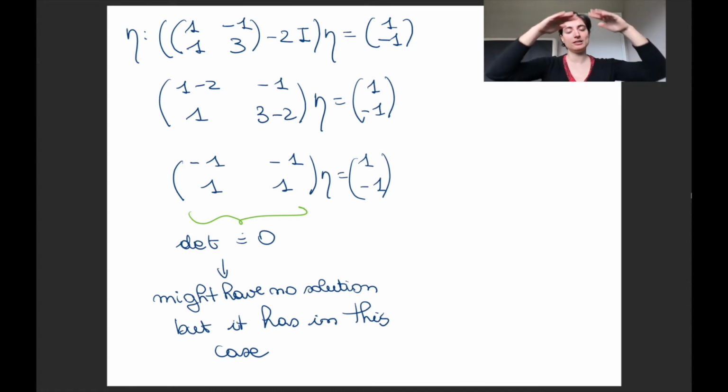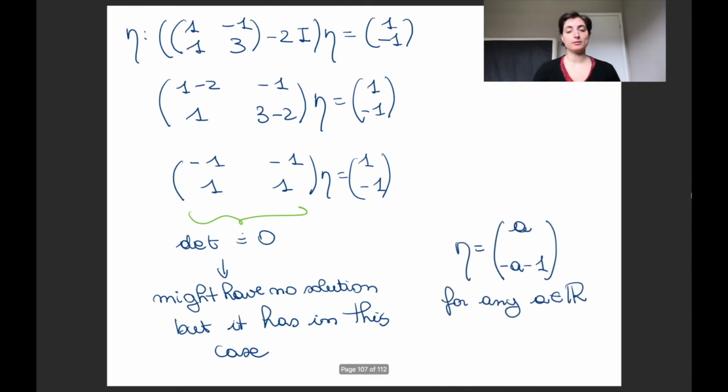So in this equation the second line is equal to the first line multiplied by -1. So we still are able to solve it. We have that eta is equal to a in the first element and minus a minus 1 in the second, for any real value of a. So eta can be (0, -1), but also (3, -4).